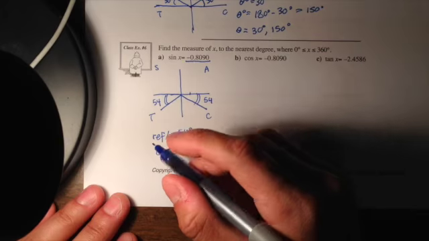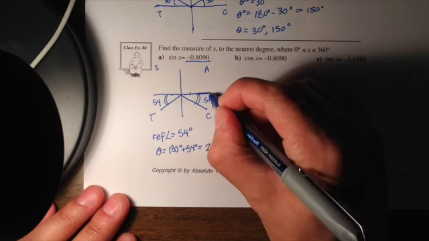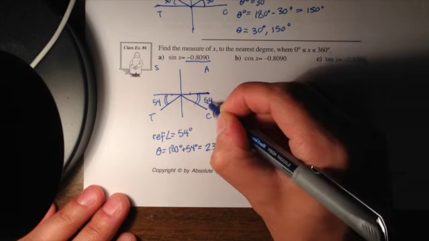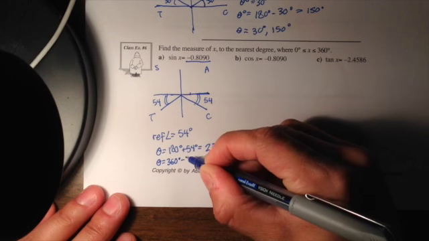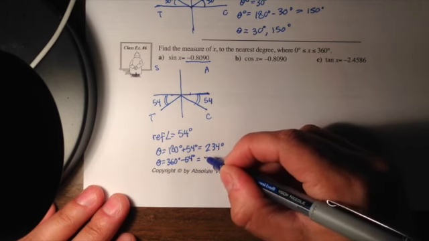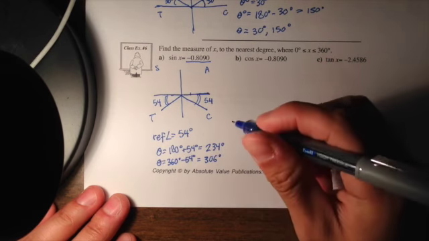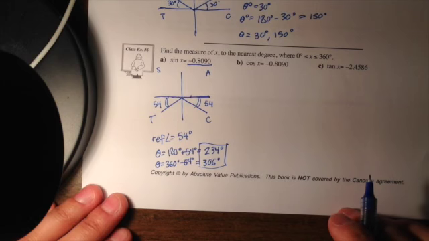And then my second angle, since it's in my fourth quadrant, will be 360 degrees, subtract 54. So 360 degrees, subtract 54 degrees, and you'll get a value of 306 degrees. So my two values of theta are going to be 234 and 306.